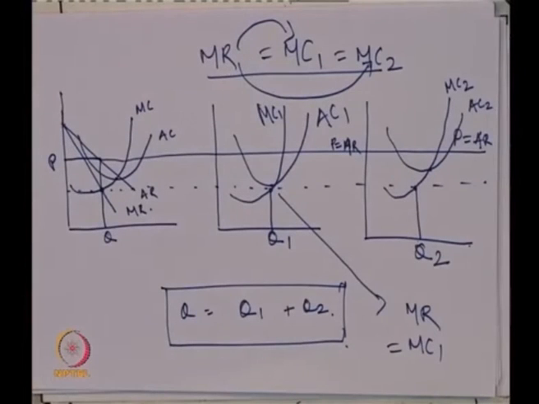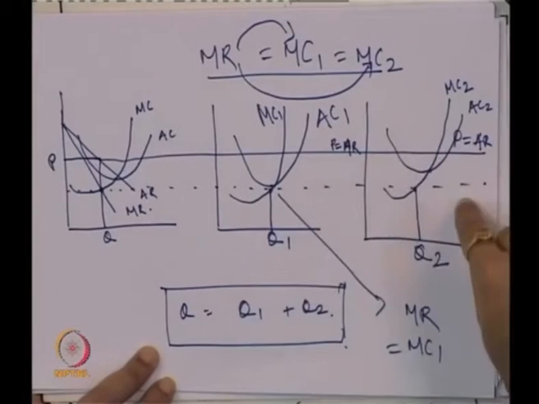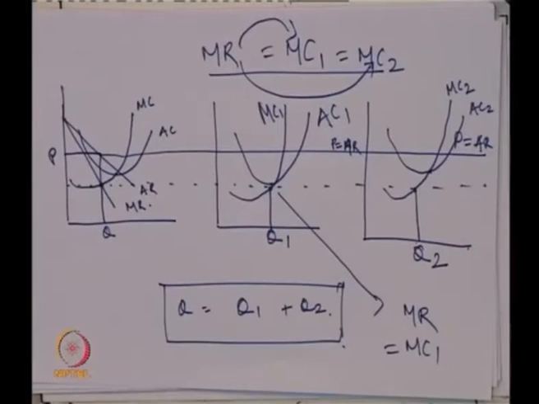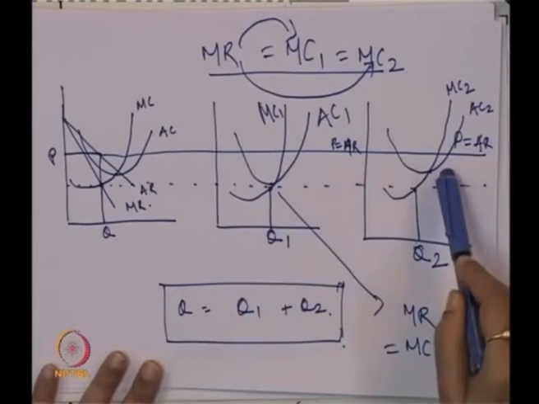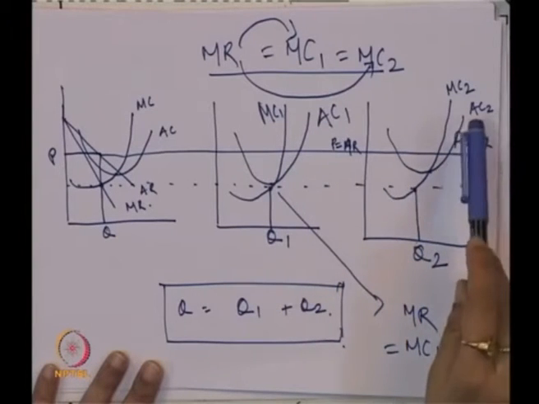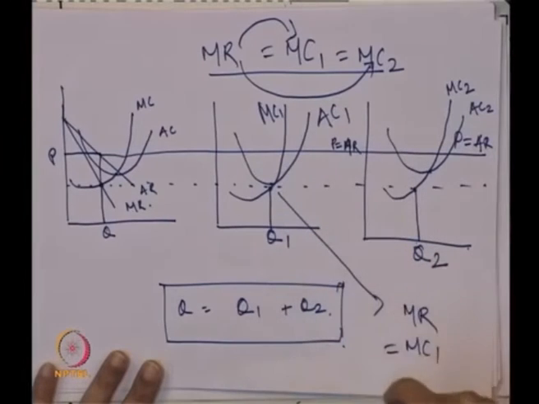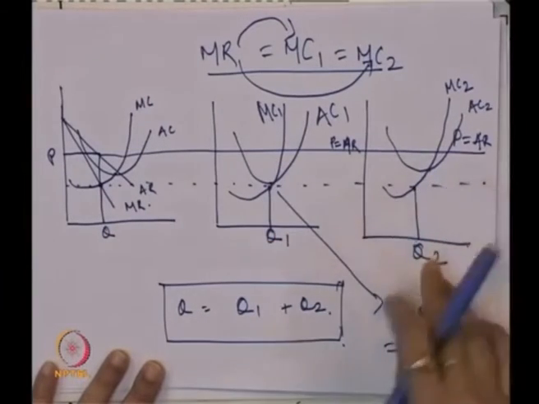The same price has to be followed for plant 1 and plant 2. How are plant 1 and plant 2 different from each other? Plant 1 operates at a lower cost of production and plant 2 operates at a higher cost of production, because average cost 2 is higher than average cost 1, and similarly corresponding to that we get two different cost functions, MC1 and MC2.